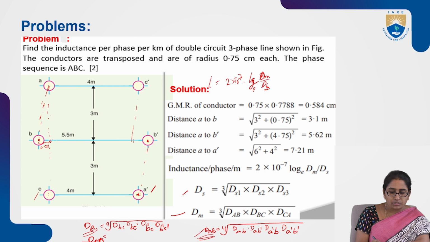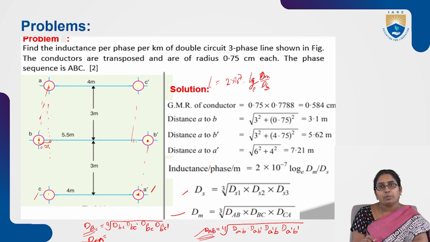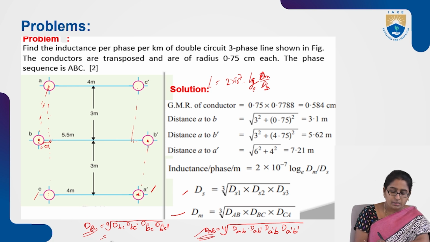Next, BC dash, also in the same manner from the diagram, B to C dash: square root of 3 square plus 4.75 square. I hope you understood. That is how capital DAB, capital DBC, capital DCA are calculated.